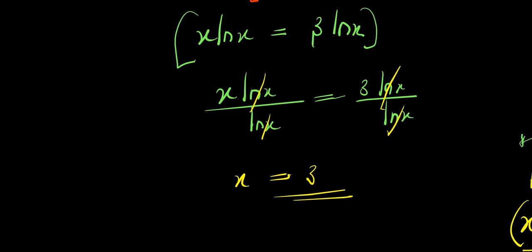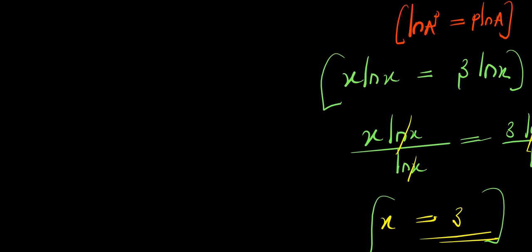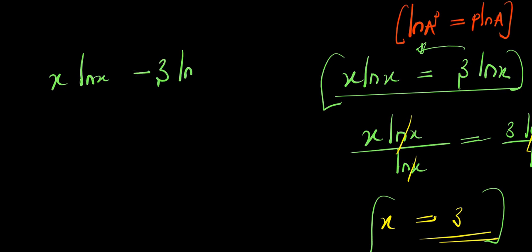But this is only giving us one solution. So the best approach is to move this over here, and we have x times natural log x minus 3 times natural log x equals 0. This and this are common.